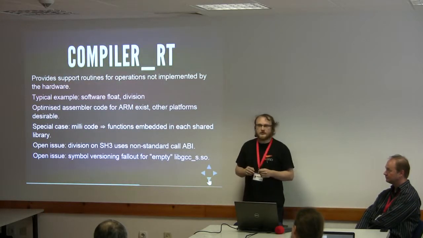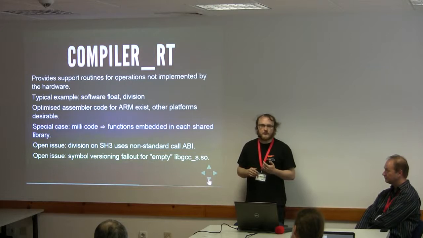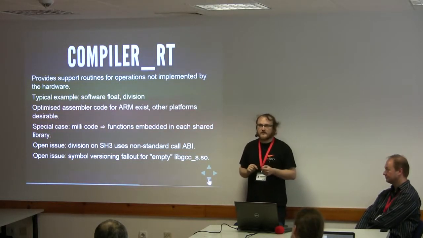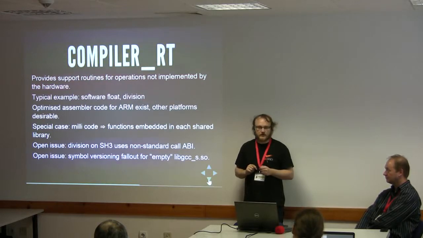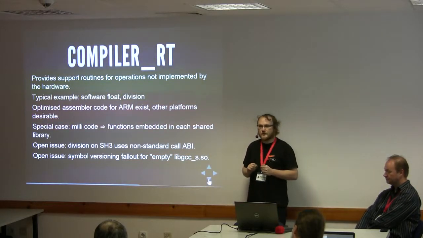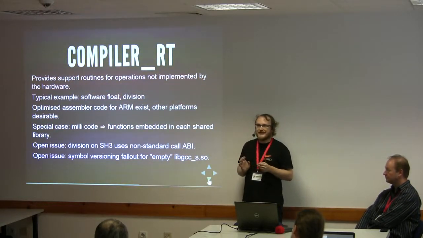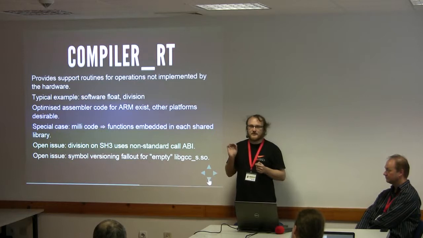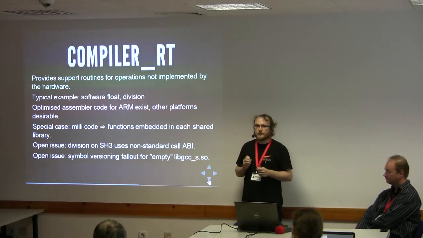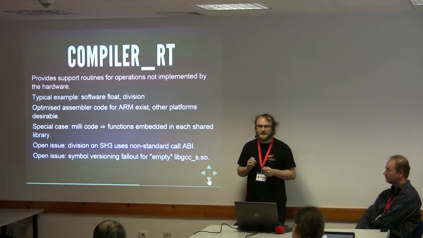We likely will introduce a separate library for them, like libmilli or whatever, and adjust the compiler drivers accordingly. For Super Hitachi, we have the problem that the division functions have special restrictions on which registers they make global.